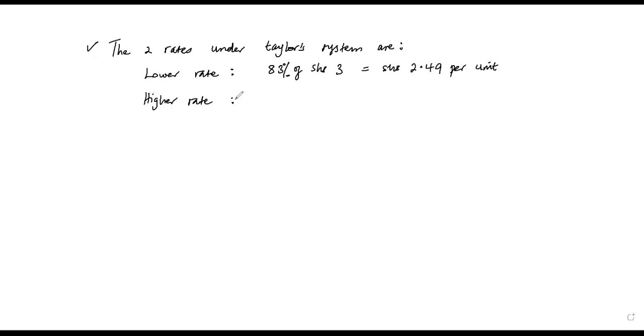Taylor says that the higher rate should be based on 125% of the piece rate, which is shillings 3, plus an incentive of 50% of the piece rate. 50% of the piece rate, shillings 3. This gives us how much?